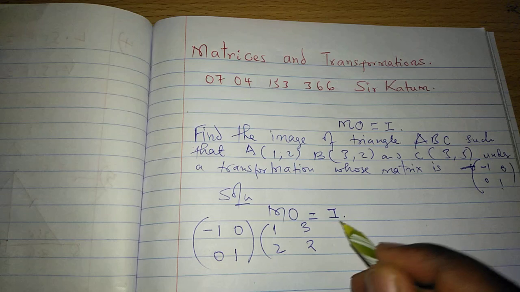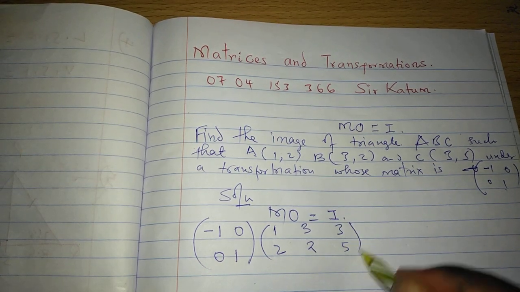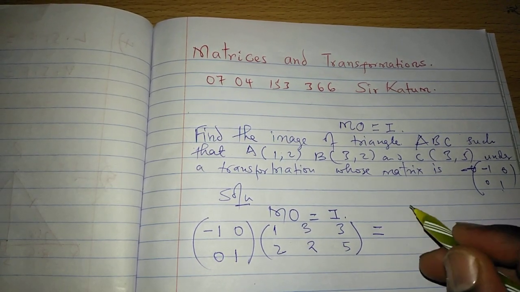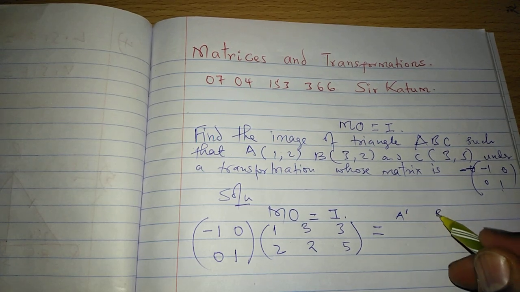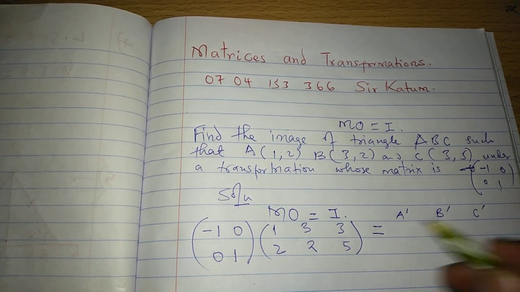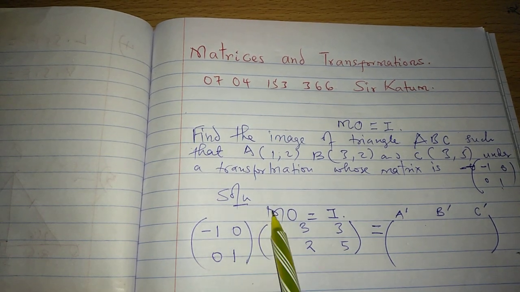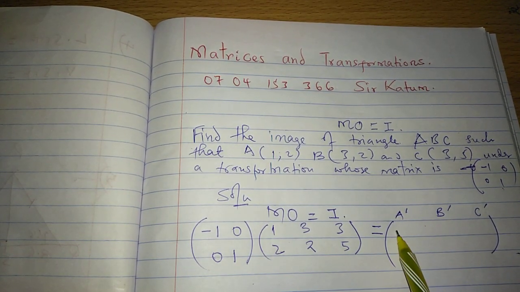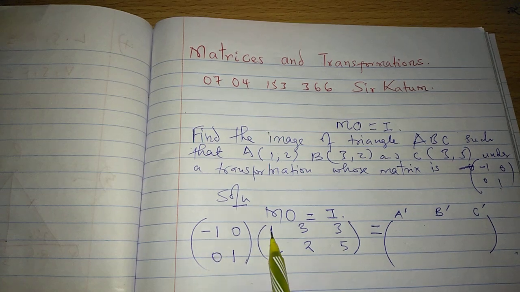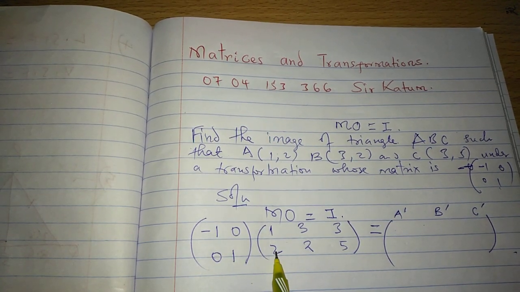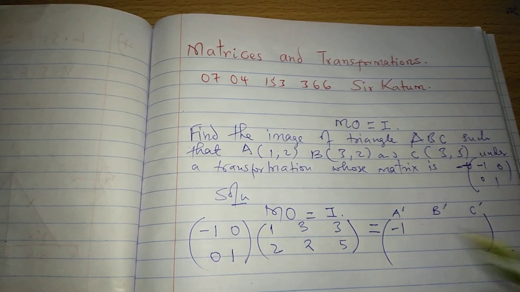3, 2, 3, 5, we should get A prime, B prime, C prime, such that when this row is multiplied by this column, we get the first element here. So negative 1 by 1, 0 by 2, we get negative 1.